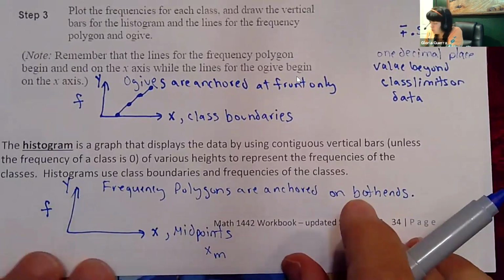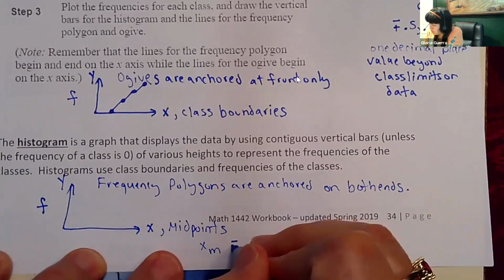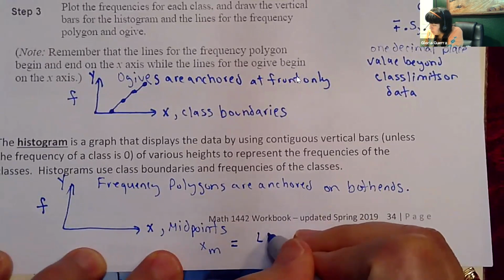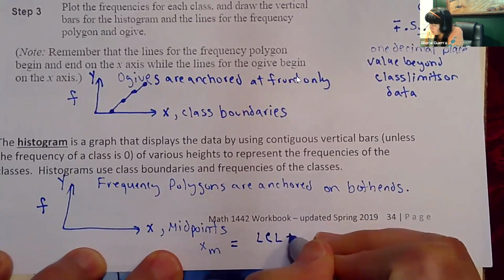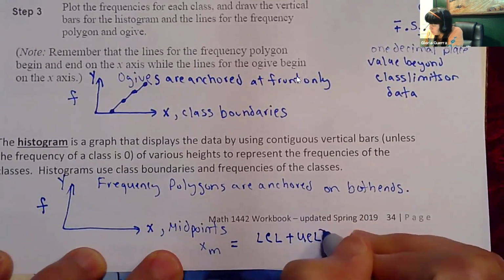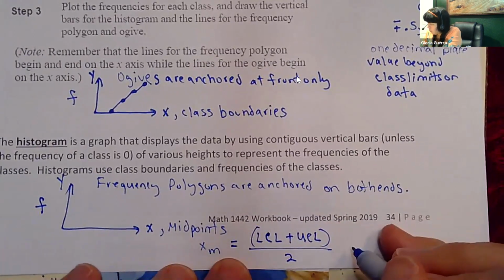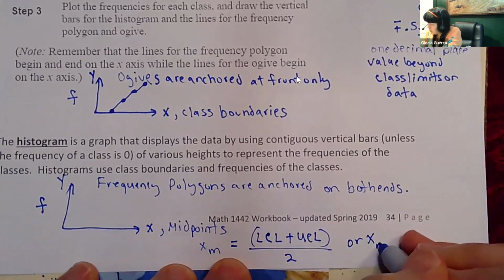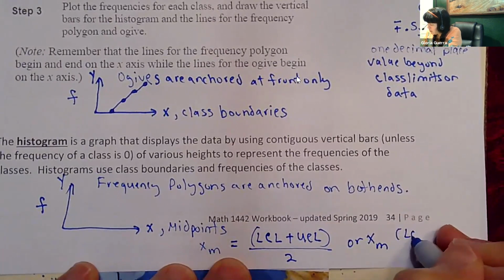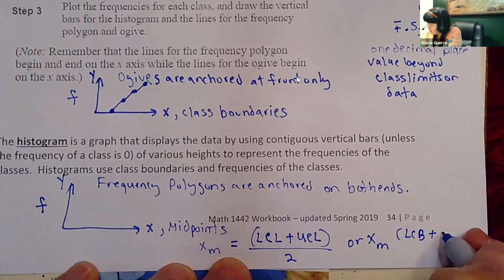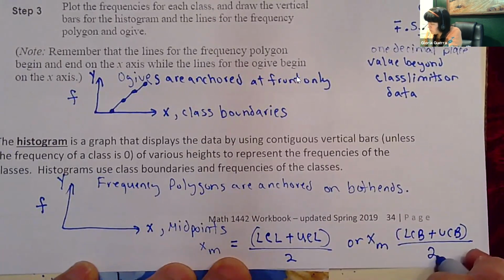When you make a midpoint, you either use the lower class limit plus the upper class limit and take the average of that, dividing by 2, or you take the lower class boundary plus the upper class boundary and take the average of that, dividing by 2.